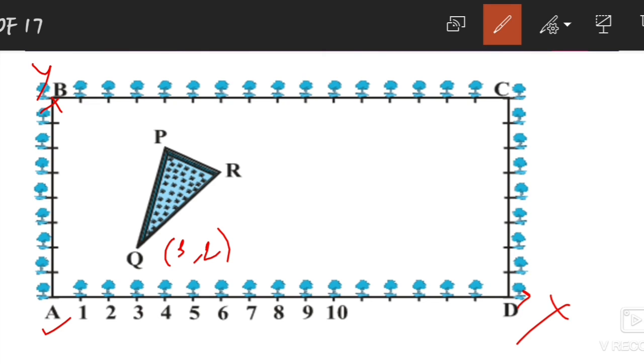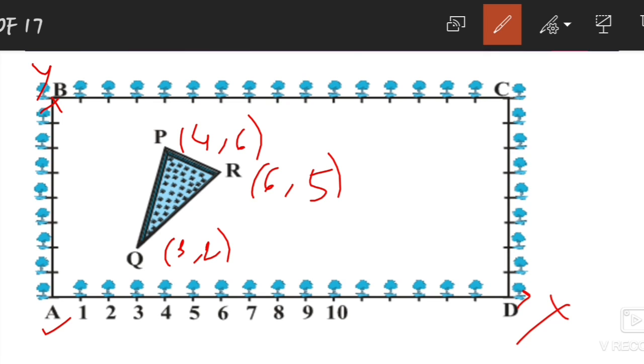Coordinate of P point will be 4, 6. And coordinate of R point will be 6, here 1, 2, 3, 4, 5, so 6, 5. In this way, you can find the coordinates of PQR in this diagram.